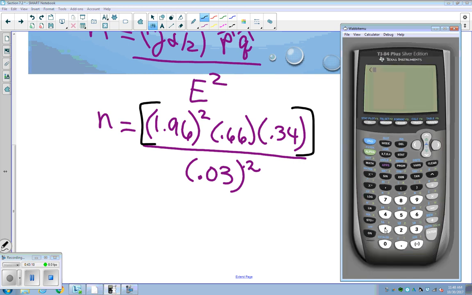Then I'm going to put 1.96 squared times 0.66 times 0.34. I'm going to close that parenthesis, and I'm going to say divided by 0.03 squared.